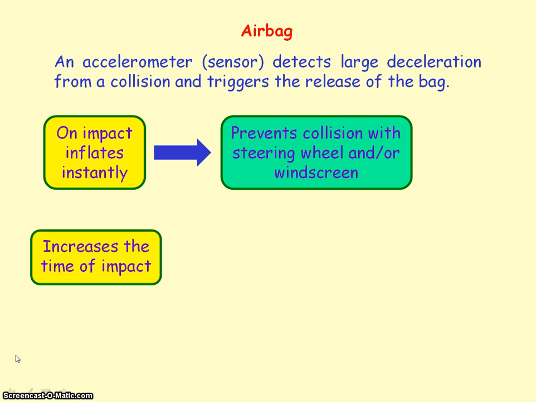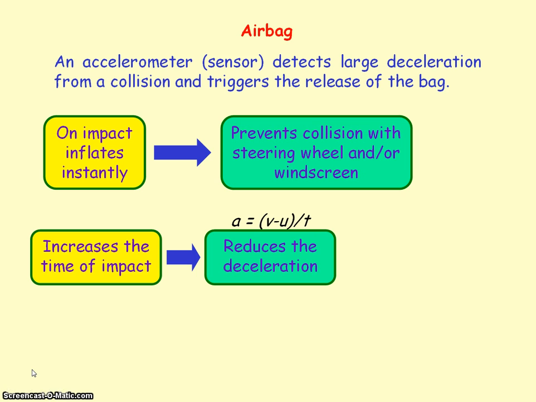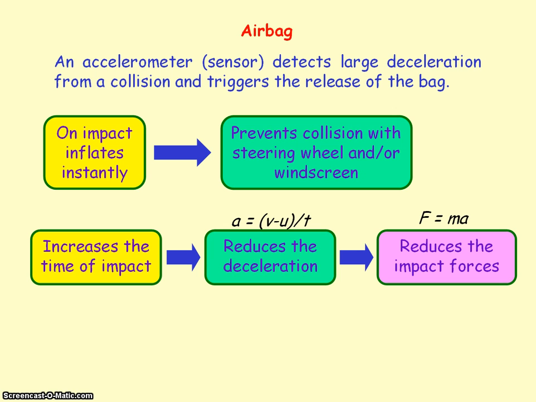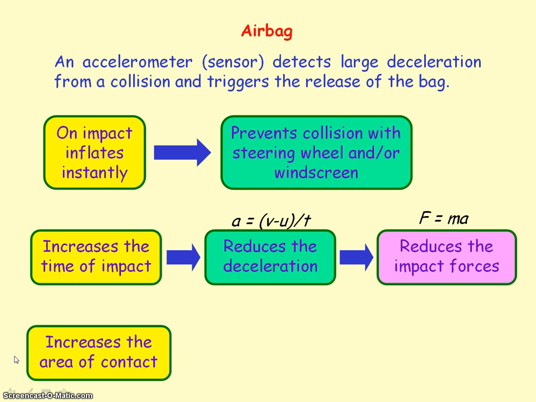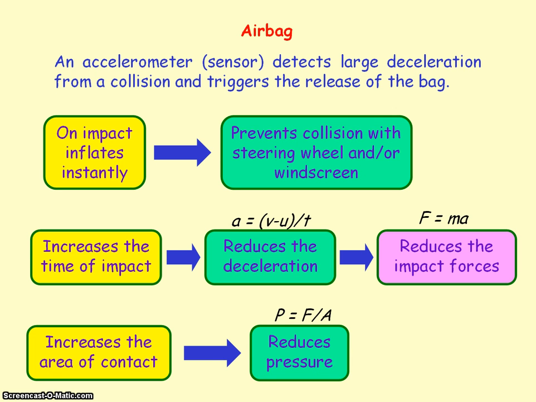The cushion of the airbag increases the time of impact, or the time it takes for the driver and passengers to stop, and so this will reduce the deceleration of the driver and passengers, and hence reduces the impact forces acting on them. Also, the large area of the airbag will reduce the pressure that acts on them due to the impact forces.